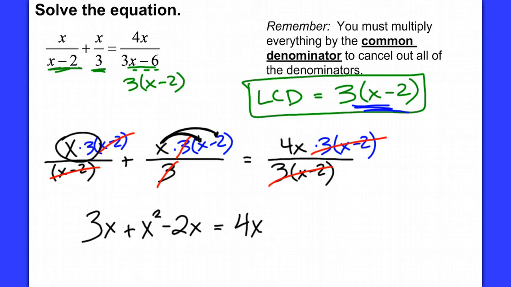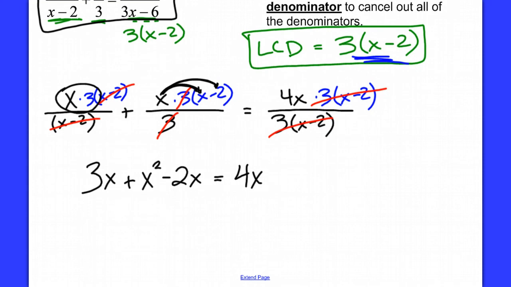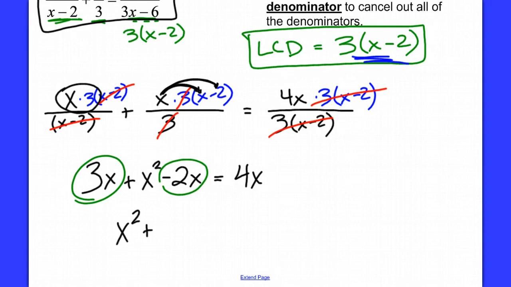So this complicated problem that we started off with is now looking a lot simpler. It's still quadratic though, and we're going to have to work with that. Let's clean it up a little bit. You've got 3x and minus 2x. Of course, that makes x squared plus x, and that is going to be equal to 4x.